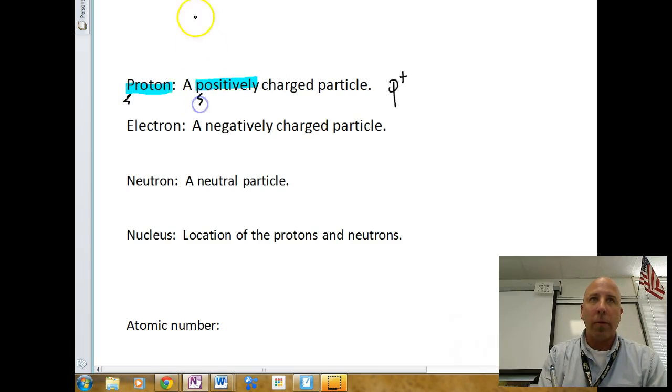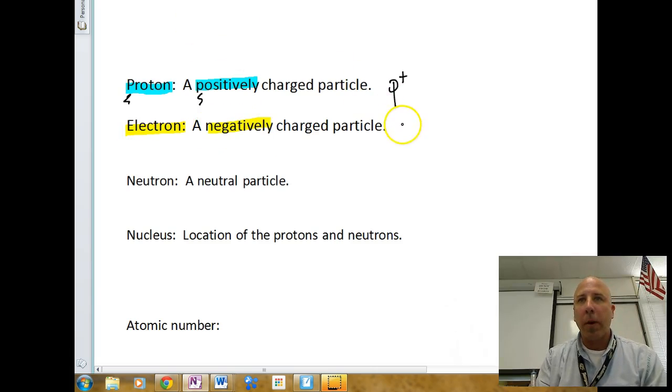The next one is an electron, another subatomic particle. These are negatively charged, and we show this by using an E with a negative sign. And we also have a neutron, which is our neutral particle, an N with a 0, showing that it is a neutral particle.